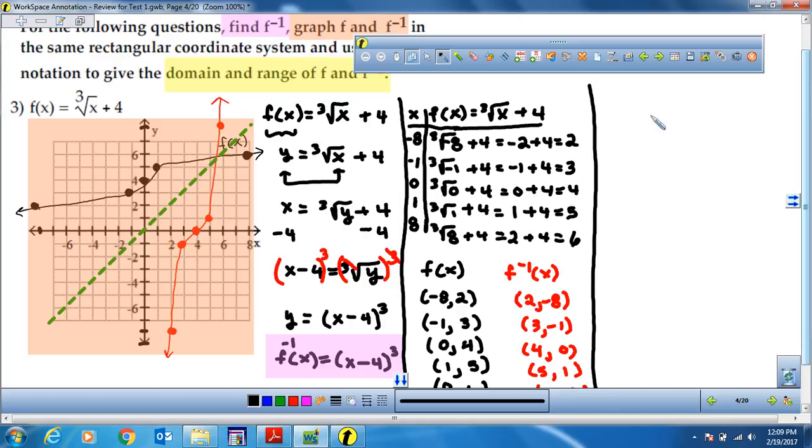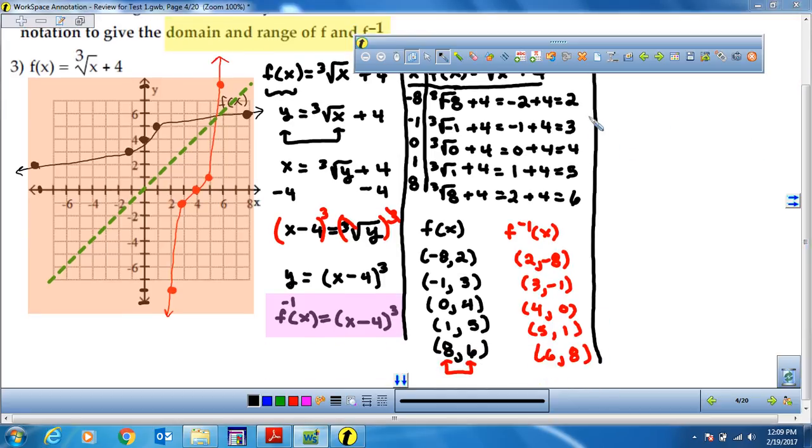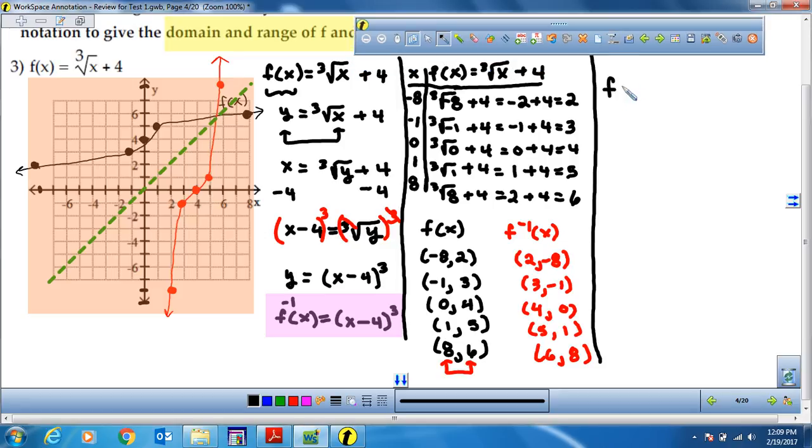Okay. So to get the domain, let's start with f of x. To get the domain of f of x, the first thing we can do is look at the smallest x value. Is negative 8 the smallest x value? Is negative 9 the smallest x value? Not really, because this graph keeps on going all the way to the left side. So that means it's going to begin from negative infinity.